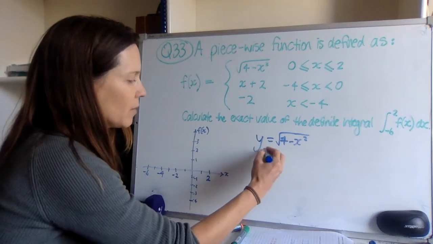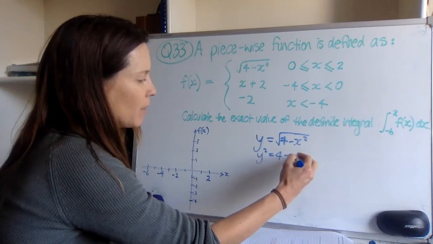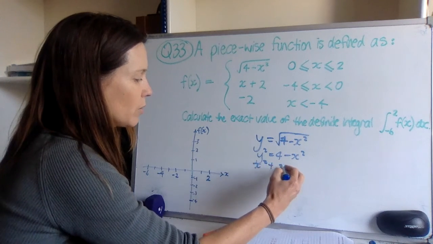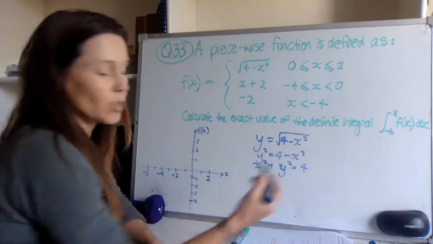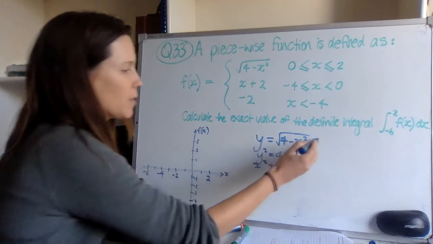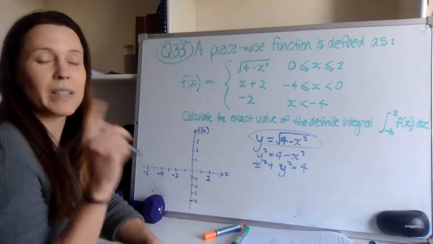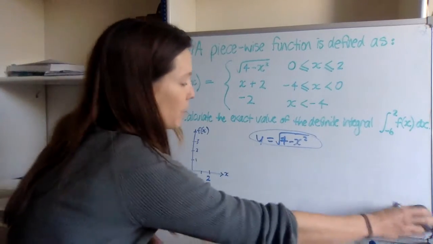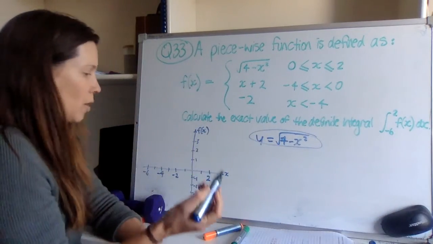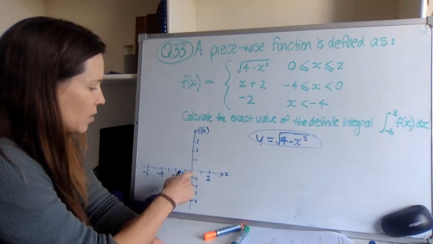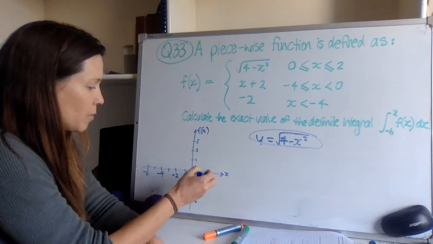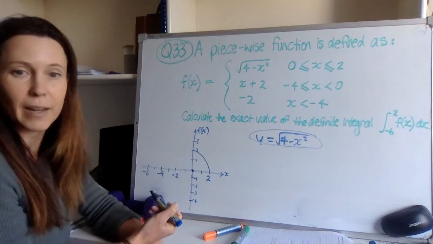But if I squared it on both sides, then I would have this, and I can rearrange that to look a lot like a circle with a radius of 2. Now, this one's not a circle with a radius of 2, it's a semicircle. I squared it to see the circle that it was like, but importantly, it's just the top half of the circle. And in fact, I need to only draw it from here to here. It's going to be a quarter of a circle like that.